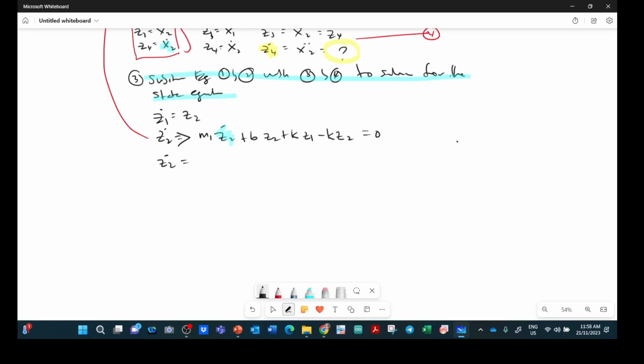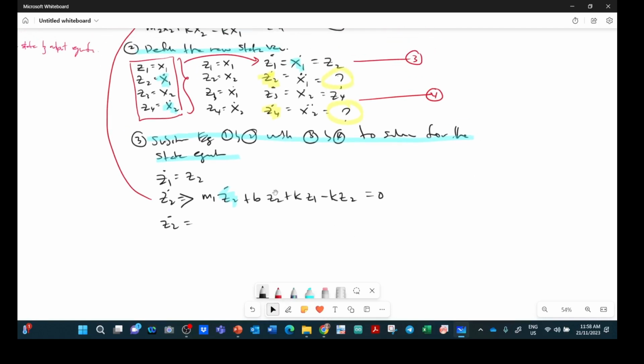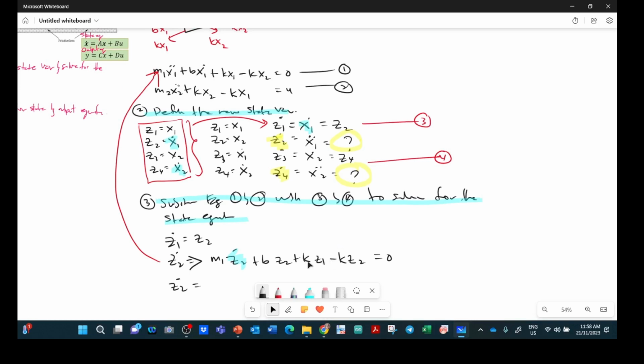Z2 dot equal to... is that wrong? K z1, x1 is z1, minus k x2.